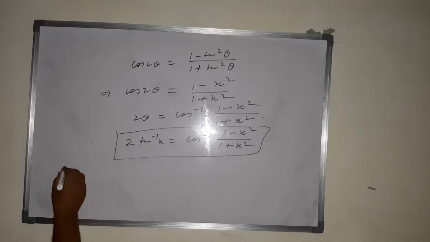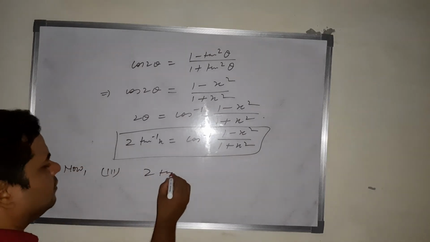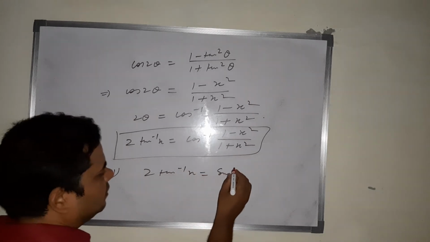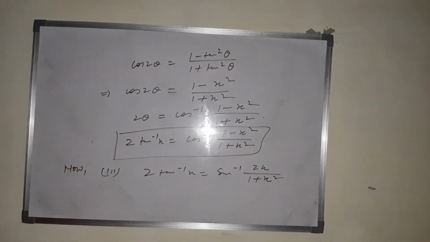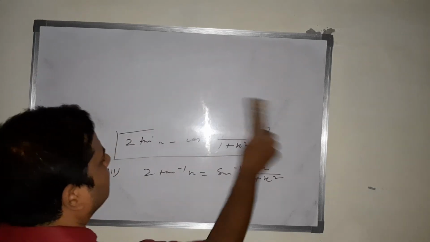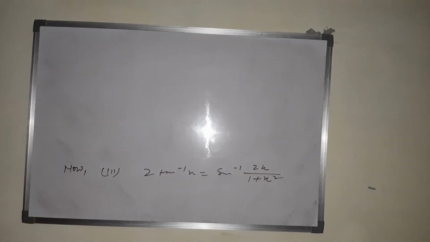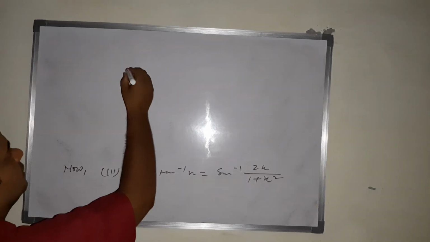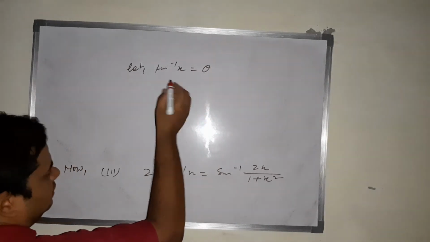Now similarly the third one: 2 tan inverse x is equal to sin inverse of 2x upon 1 plus x square. So for the third one, let tan inverse x be equal to theta.